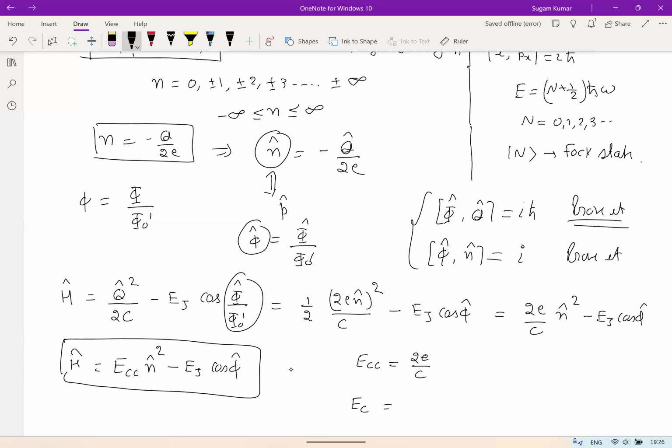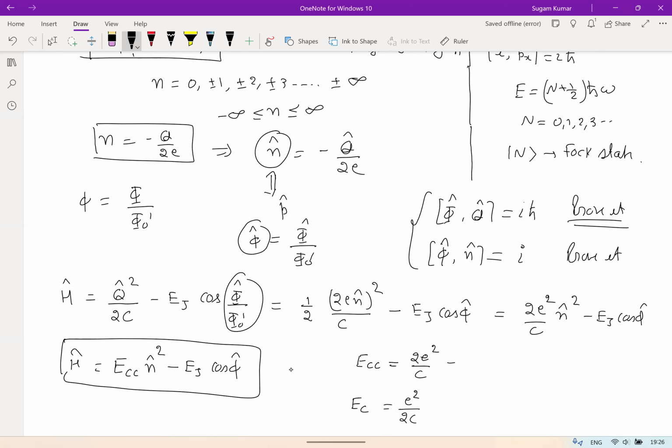Right, sir, it will be e square. I'm right. Yeah, it will be 2 times e square. That's correct. And where this EC was equal to e square by 2C. So you can see some similarity between these two.